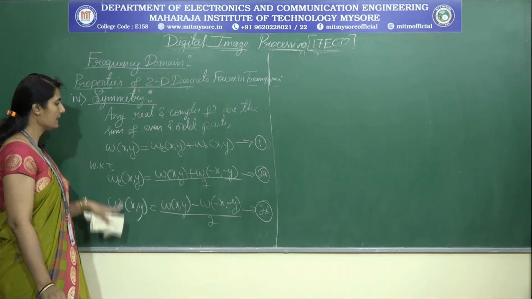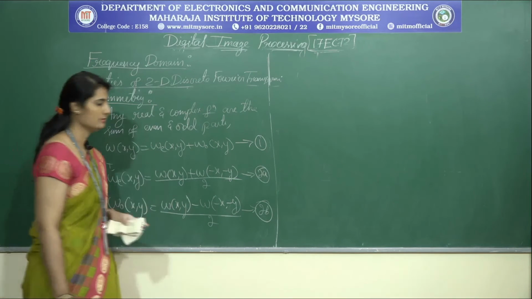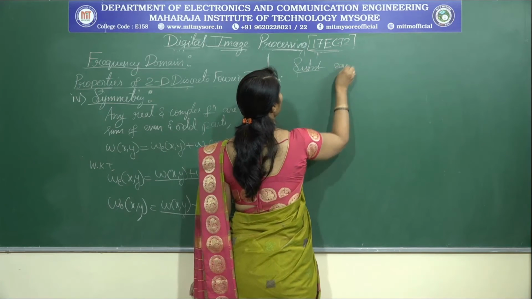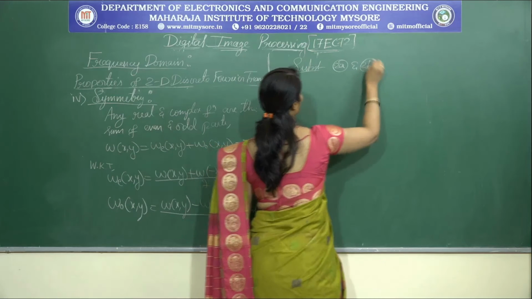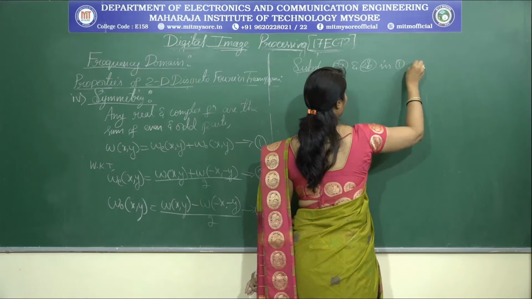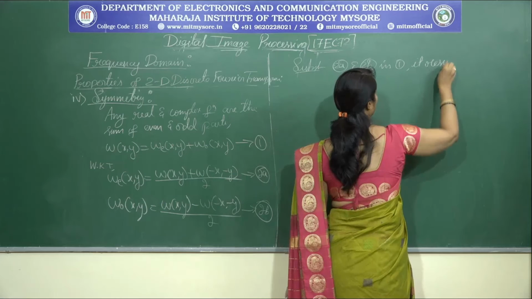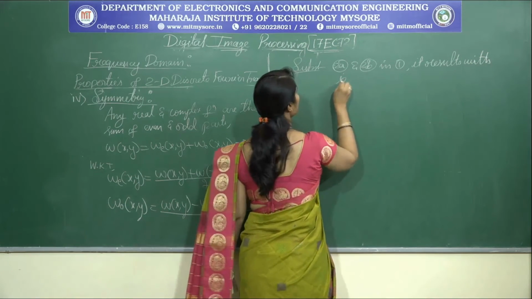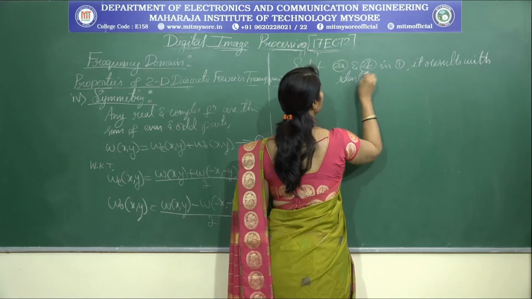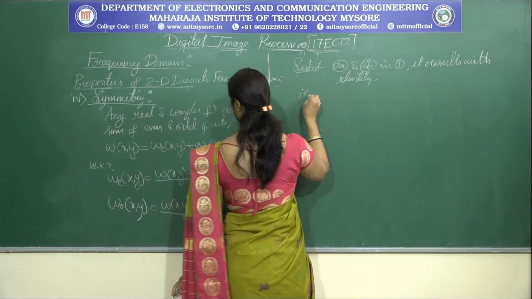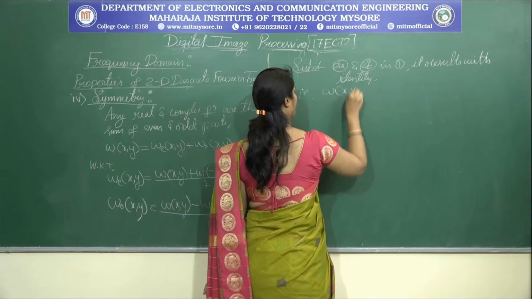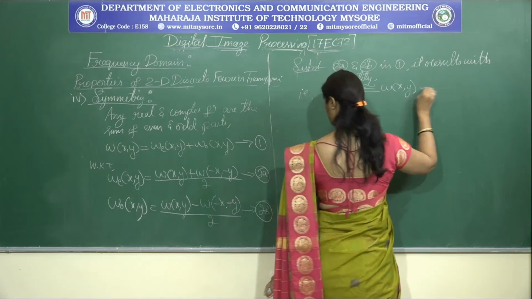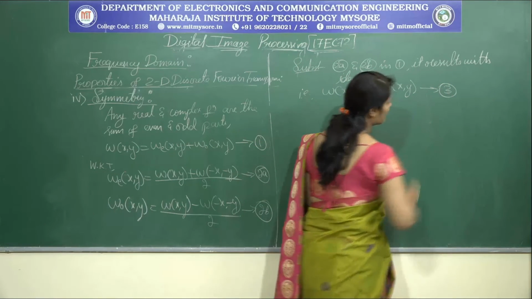Now substituting 2a and 2b in 1, it results in an identity, that is, w of x comma y is equal to w of x comma y. I call this equation number 3.